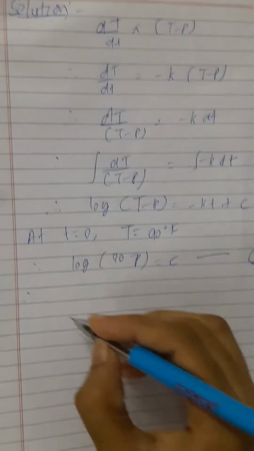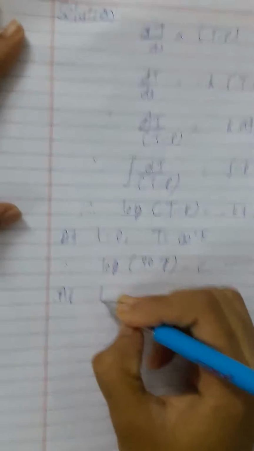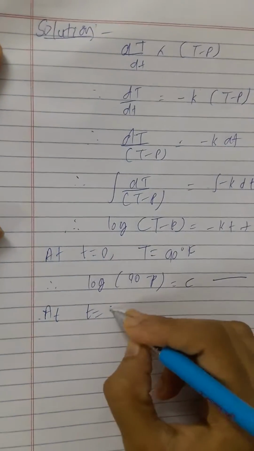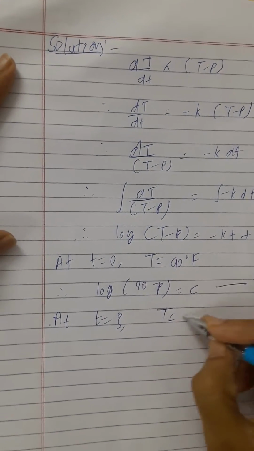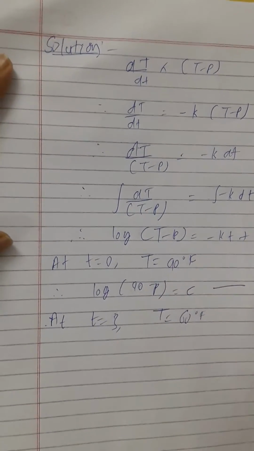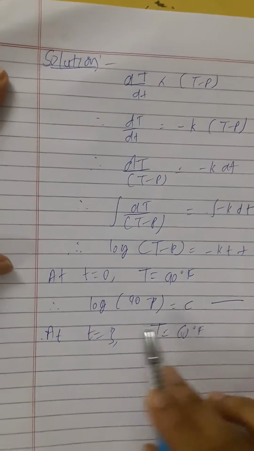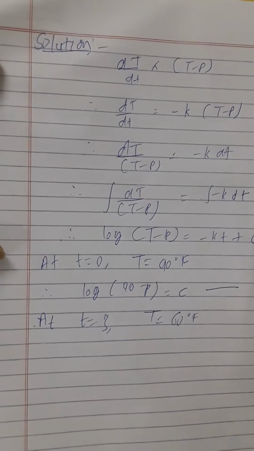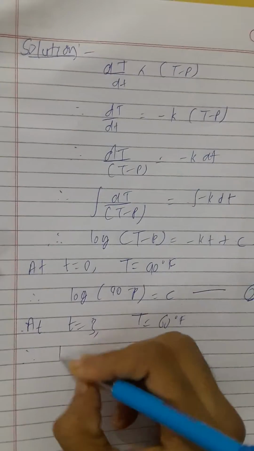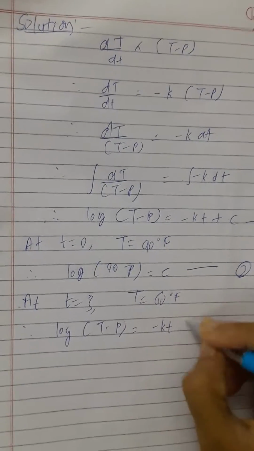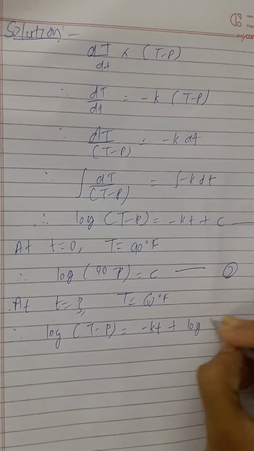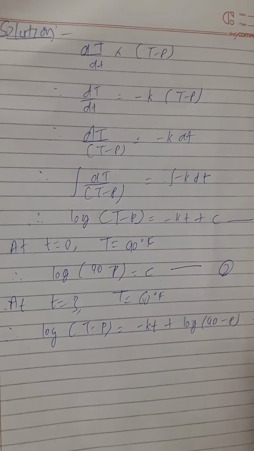Now, at time t equals 3, the temperature of the object is 60 degrees Fahrenheit. But before this, substitute this value of C in equation number 1. Therefore, log(T minus P) equals minus Kt plus log(90 minus P). Call this equation number 3.